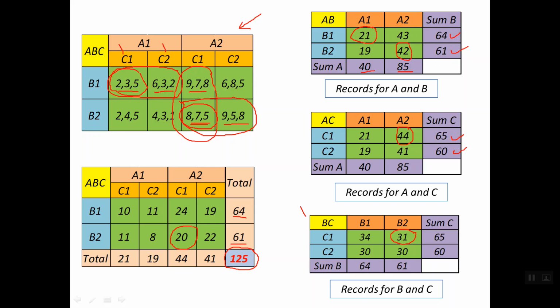So if we return back to the main table, B2 C1 is simply this value, and again here we have this value. So the total of these observations is simply 31, and the number of observations we have is 6. And we have here the summation for both C and B.